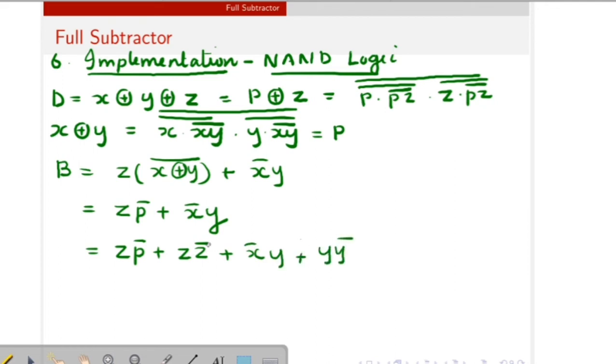Here ZZ bar is equal to 0, so ZP bar plus 0 is equal to ZP bar itself. Here also YY bar is equal to 0, so X bar Y plus 0 is equal to X bar Y itself.